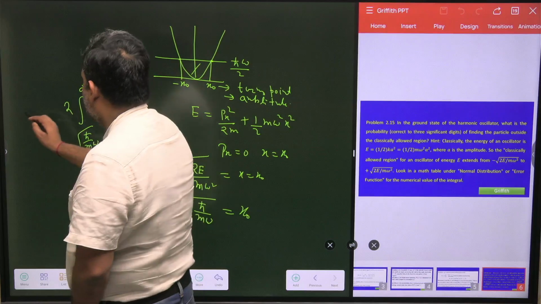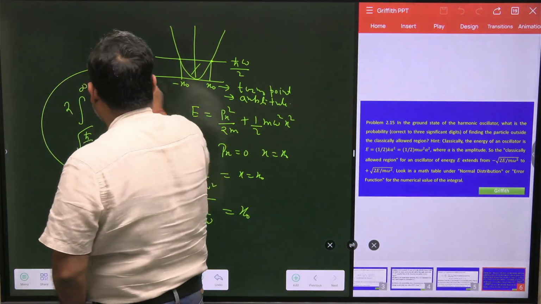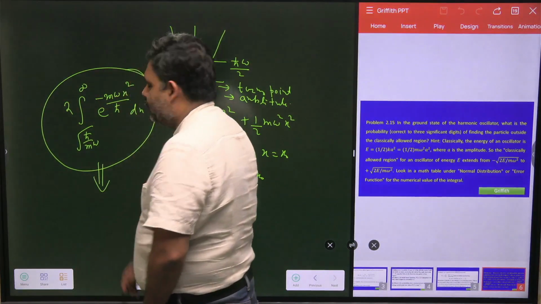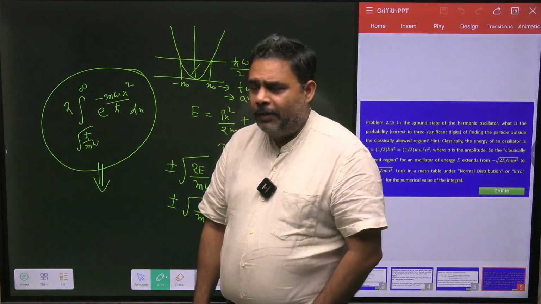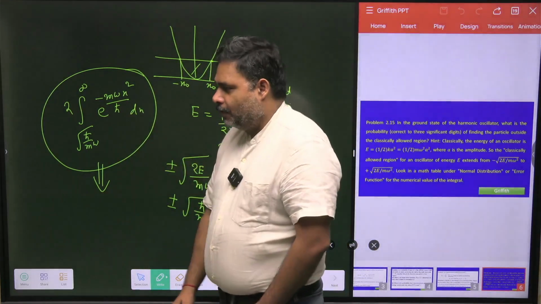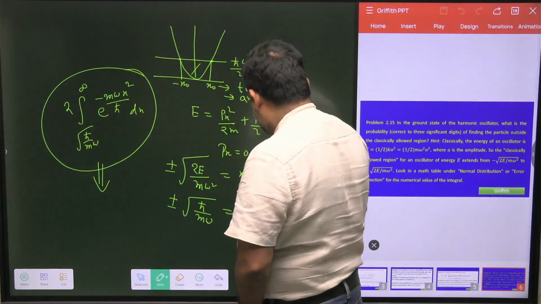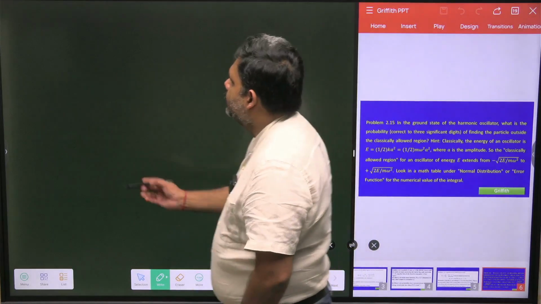This is the value that gives the probability of the particle in the classical forbidden region. So let us try to calculate this particular integration.